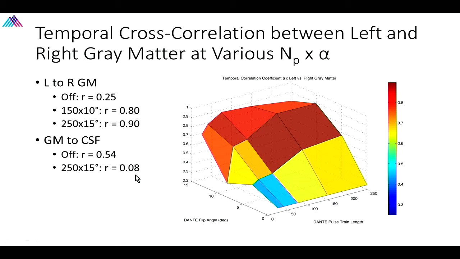So this, again, supports the notion that with no DANTE preparation, there is signal spilling from the cerebrospinal fluid into the gray matter and overshadowing the signal we're looking for. But as we suppress this CSF signal, this nuisance signal in the gray matter is removed.